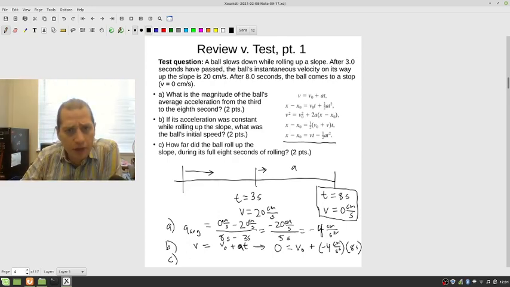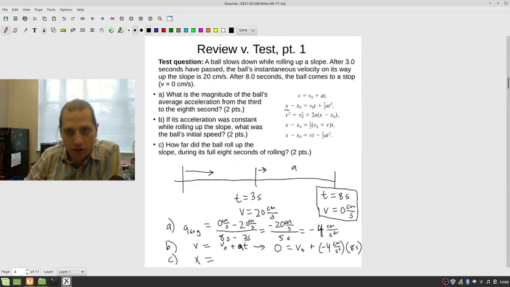Okay, and then part C, how far did the ball roll up the slope during its full 8 seconds of rolling? Well, you can just use this equation. You want to find that final x equals x naught, which would be 0. Whoops, what am I doing? We don't want to use a fancy one.